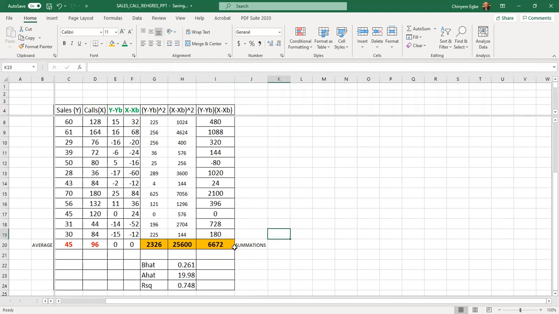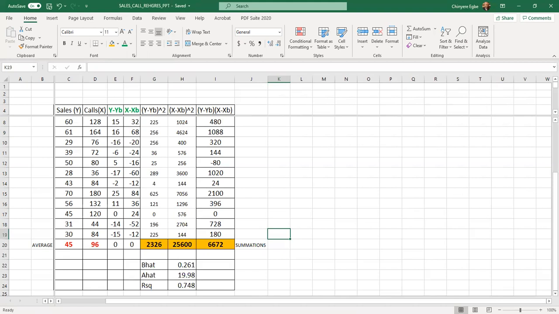All right. So now let's go back, and we're going to write those sums down. Summation y minus y hat squared is 2326.